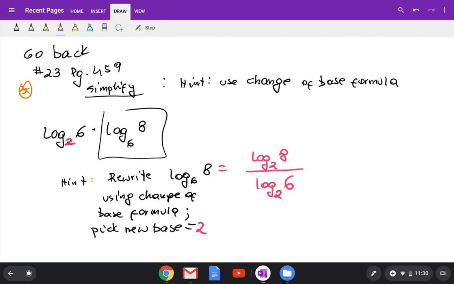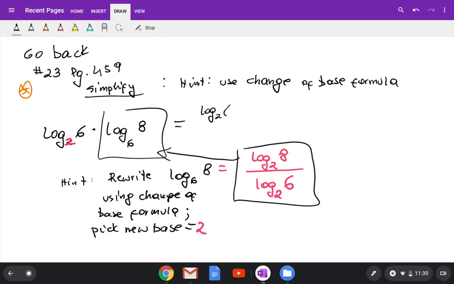Okay, so now I will go back to this problem and I will put that right here. So we have log base 2 of 6 times log base 6 of 8, we're going to rewrite as log base 2 of 8 over log base 2 of 6.